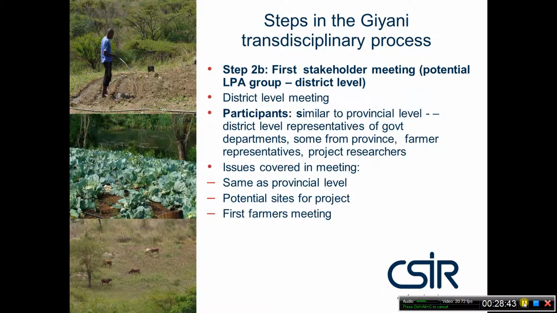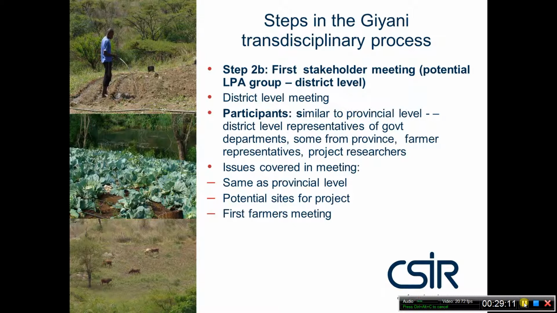Following the provincial level meeting, a meeting was held at the district level, and this involved different stakeholders. The participants at district level were very similar to the provincial level participants, but these were district level representatives of the different government departments, of farmer organizations, and farmers were also represented there, as well as project researchers.